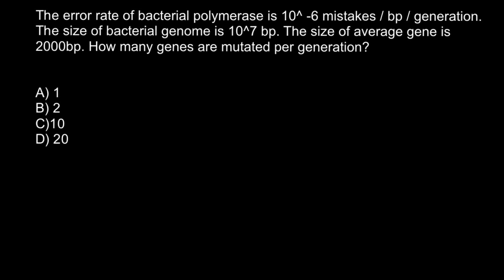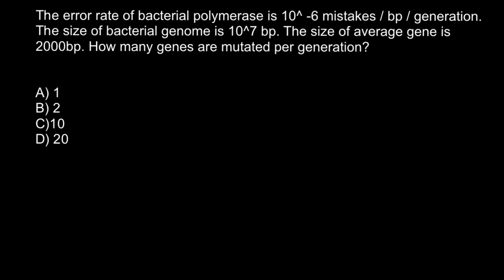The error rate of bacterial polymerase, I reduced this number tenfold. Mistakes per, as you see, base pair per generation, and in our previous slide we missed this reference that per base pair.